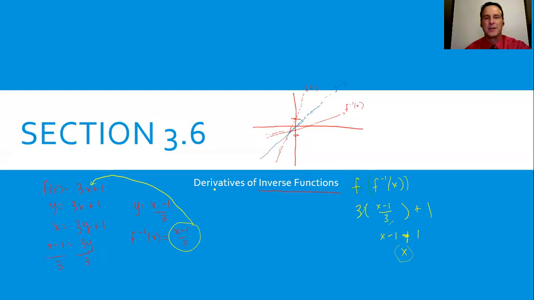Now, here's what we're gonna do. We're gonna take a derivative of an inverse function. And by this rule here, let's say for a second that f of x and g of x are inverses.